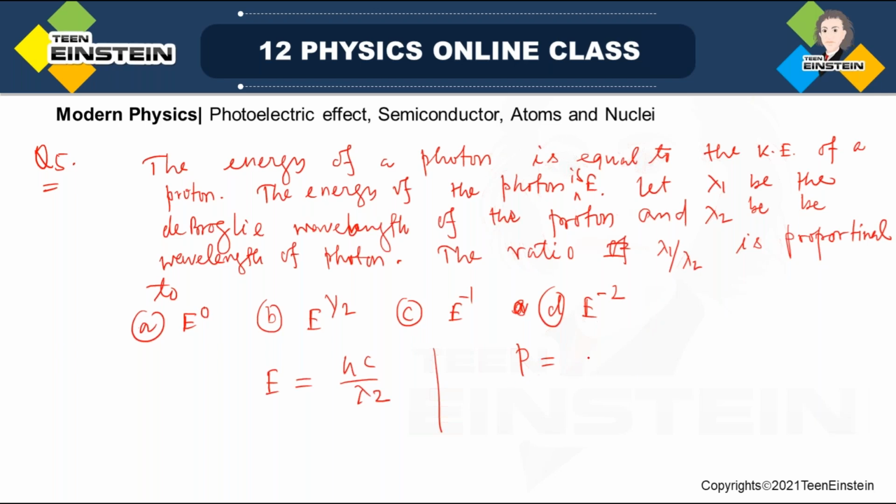P square by 2m is equal to E, the kinetic energy. So P will be the square root of 2m into E. Now the de Broglie wavelength lambda 1 will be h by P.